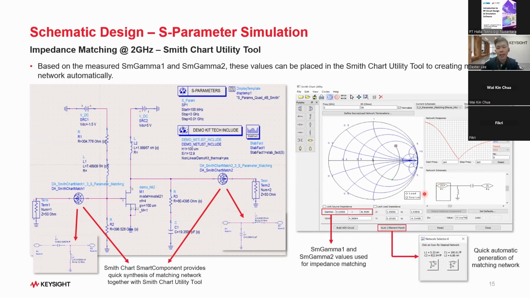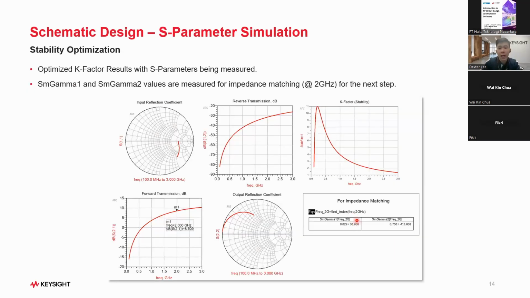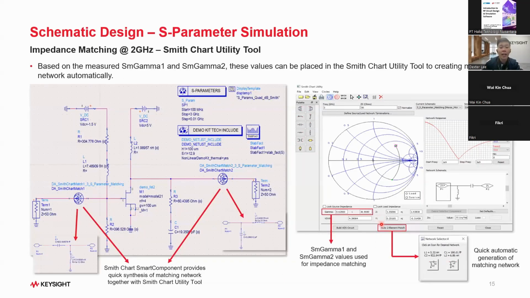Basically, what I did is I defined the gamma values that I've measured earlier on. If you remember my previous slide, I've measured the required gamma values that I need for impedance matching. I then use it for my Smith chart utility tool, define the impedance, and then what I can do is I can create an auto 2 element match and create that matching network for me very quickly.